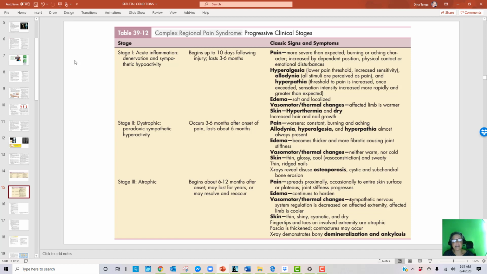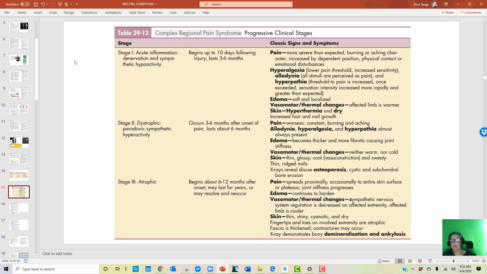The classic signs and symptoms are pain, more severe than expected, burning or aching in character, increased by dependent position, physical contact, or emotional disturbances. Hyperalgesia, lower pain threshold, increased sensitivity. Allodynia, all stimuli are perceived as pain.